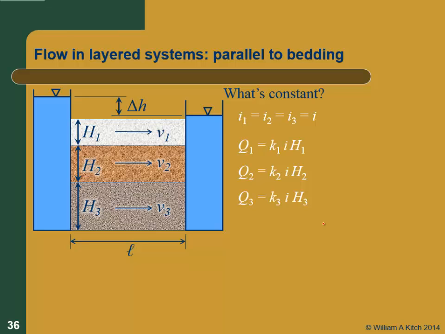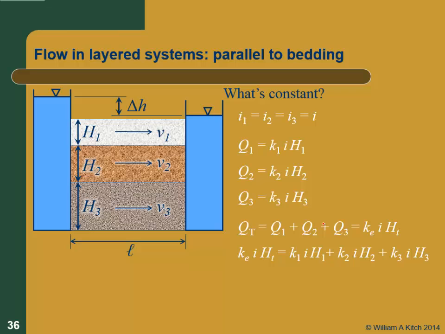And if I want to know the equivalent hydraulic connectivity, K, for the whole system, well, those 3 Qs added together is equal to the total flow, right? So that would be equal to my equivalent hydraulic connectivity times I times the total height of this particular stratum. You following me? Okay.